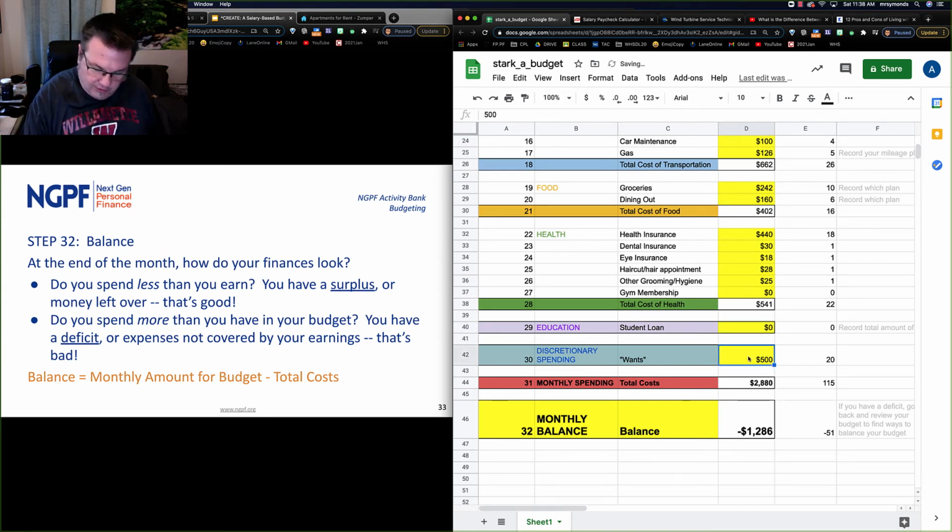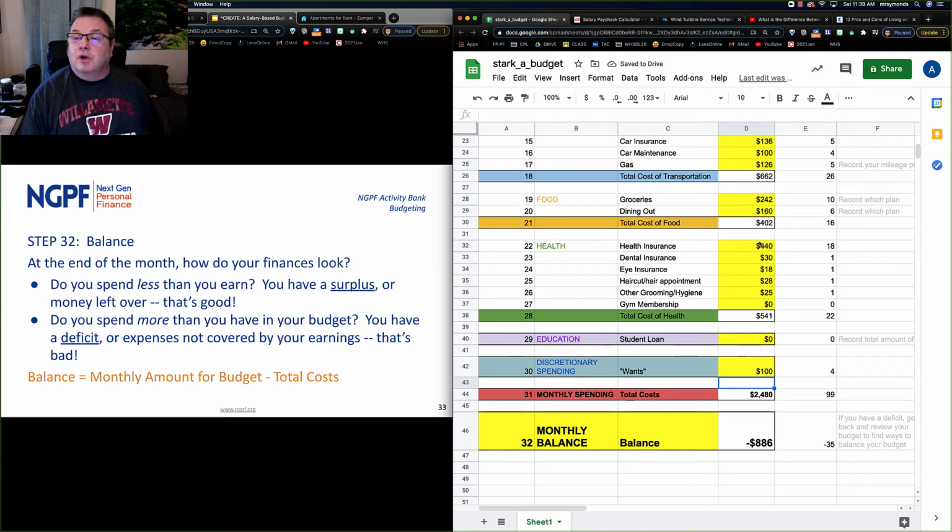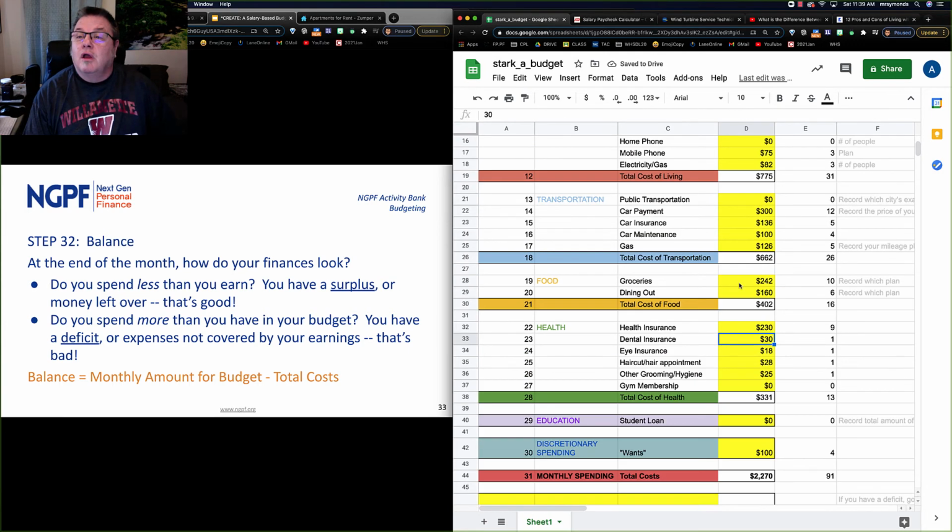We're going to have to go down to $100 in discretionary spending. We're still $886 short. So we're going to have to go out to the Obamacare exchange and get a better deal on health insurance, and we're going to pay $230 for insurance. Still $676 to go here.